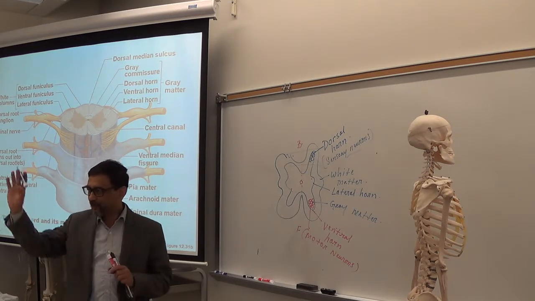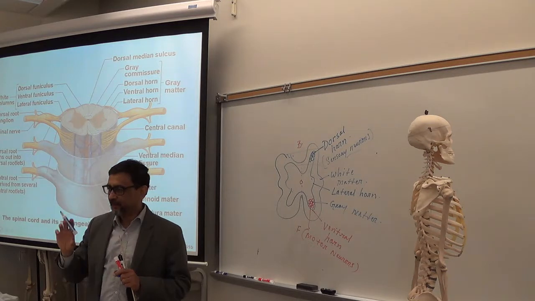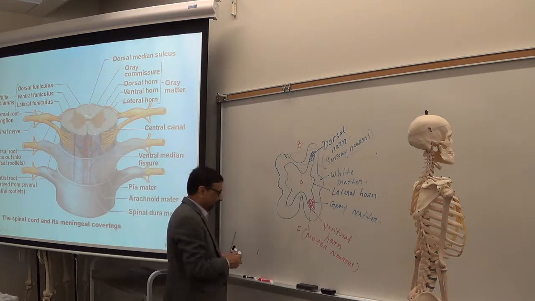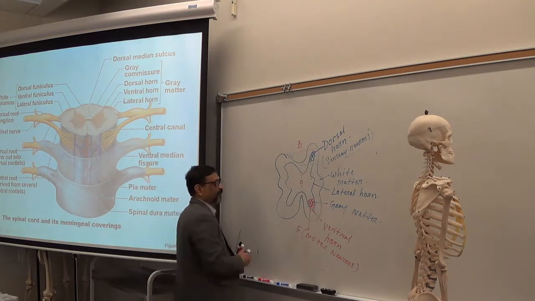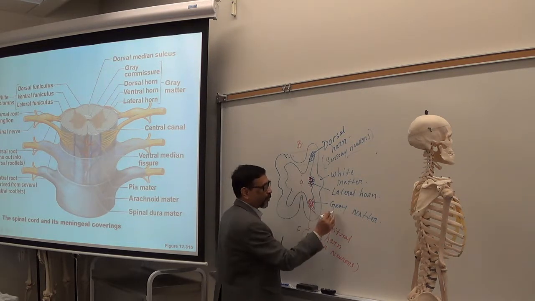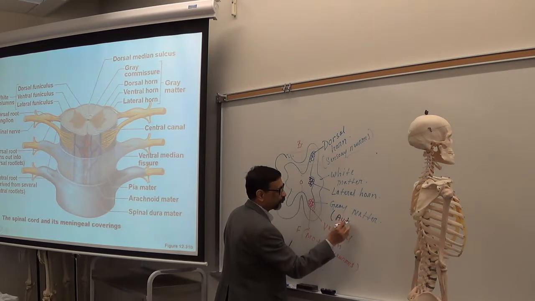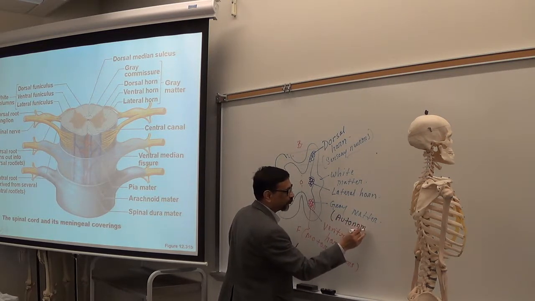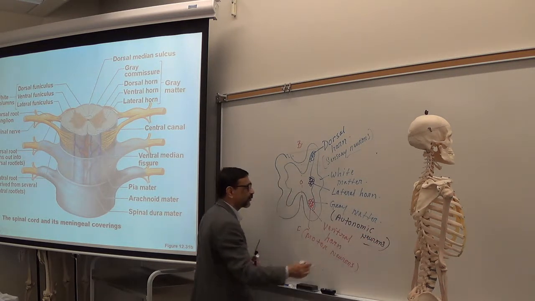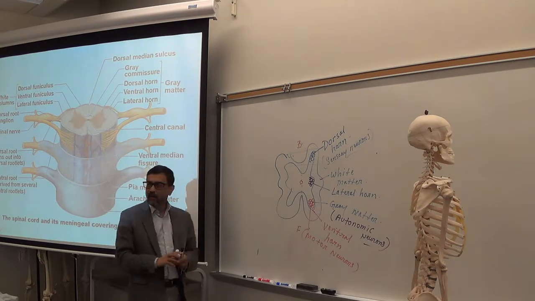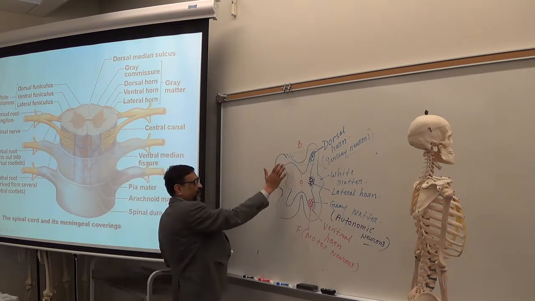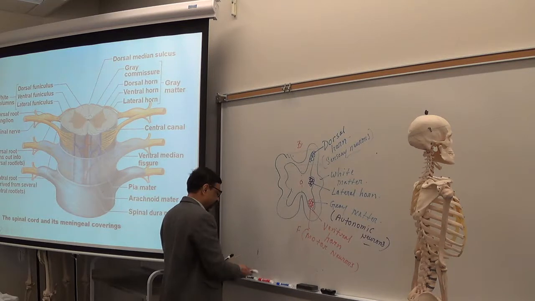Make sense? So the ventral horn has motor type neurons. The dorsal horn has what? Sensory type neurons. And in the lateral horn, you have autonomic neurons. So the three horns have three types of neurons. Same thing on this side. I'm showing one side.